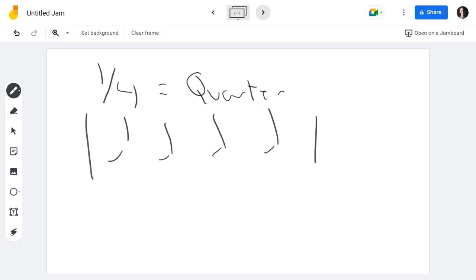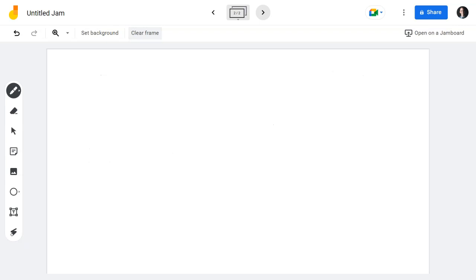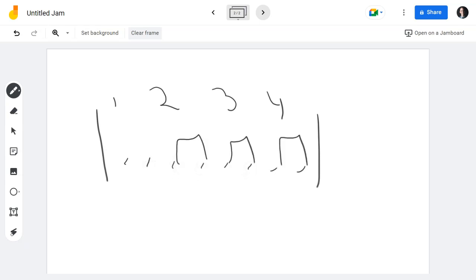There are 4 quarters in a dollar, right? Eighth notes are called eighth notes because in a measure where there are 4 beats, 1, 2, 3, 4, 2, 3, 4, 5, 6, 7, 8, you can fit 8 eighth notes inside that measure. That's why we call them eighth notes.